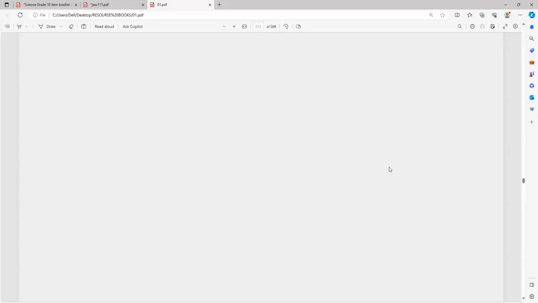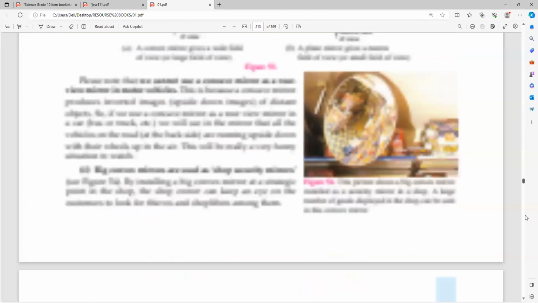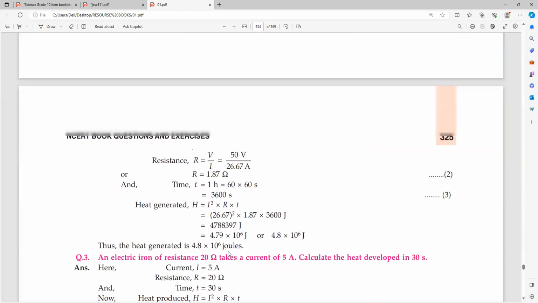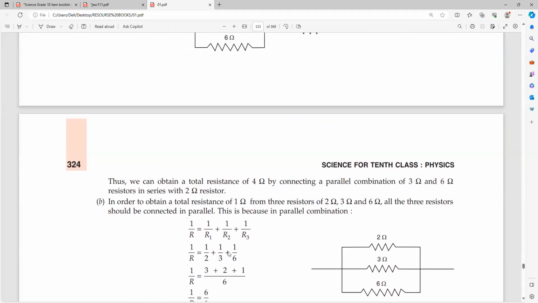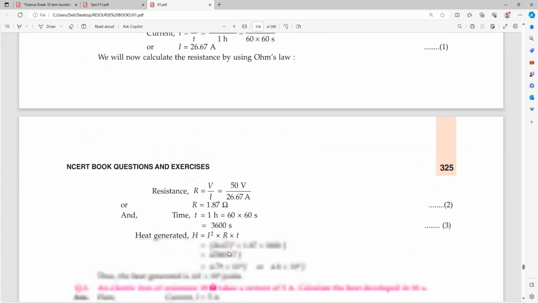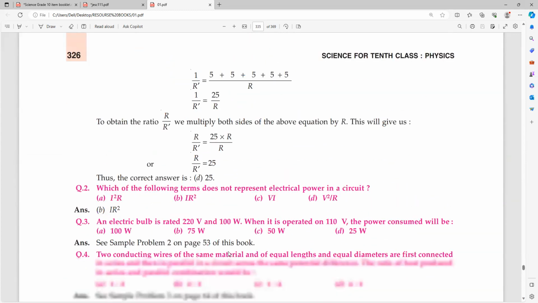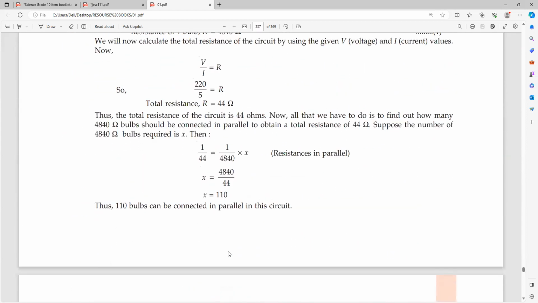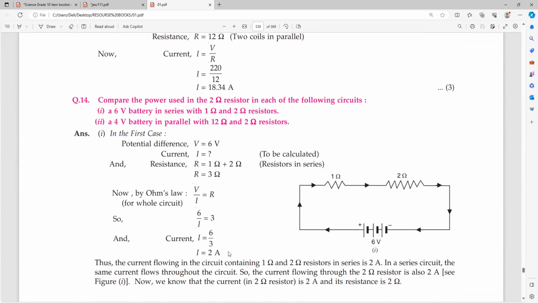In parallel connection, the sum of the individual currents is equal to the total current. Yes or no? So you can easily solve it and you'll get the answer also.